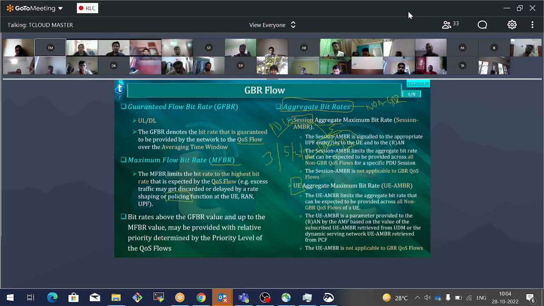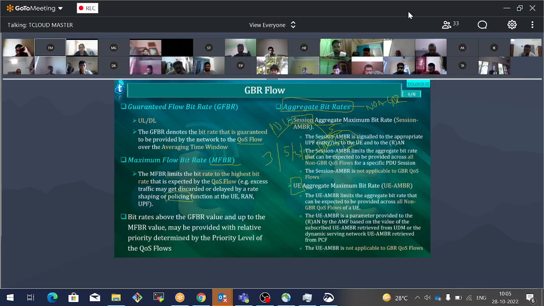applicable per PDU session. Now, mobile can have many PDU sessions. If you combine them, I mean, if you put together the maximum bitrate for each session, that forms the UE aggregate maximum bitrate. So that is applicable across all the non-GBR quality of service flows, across all the data network connections, across all the PDU sessions that the mobile is having.